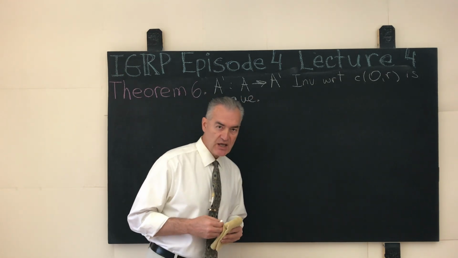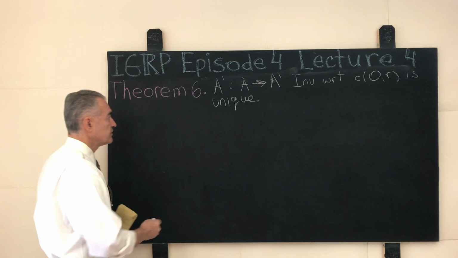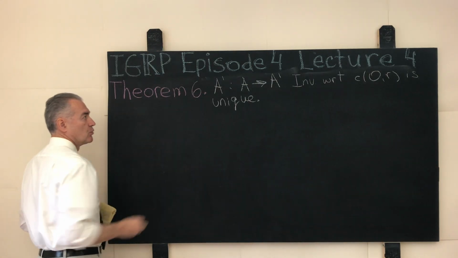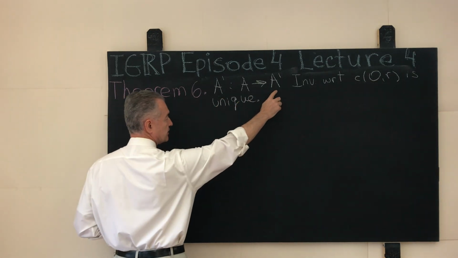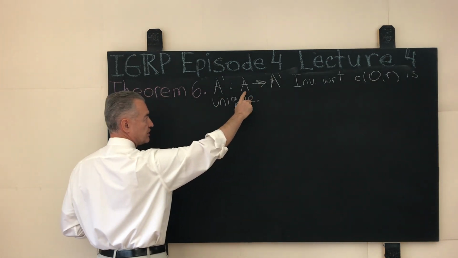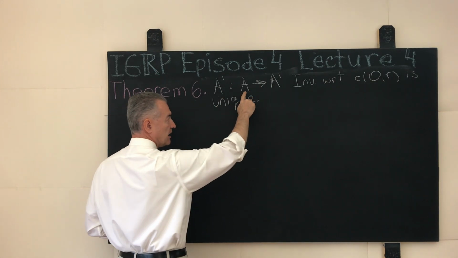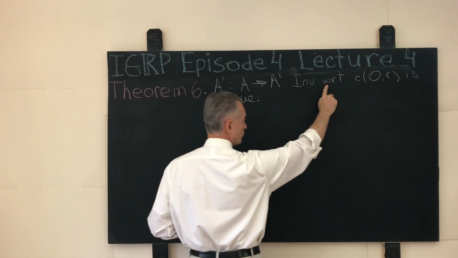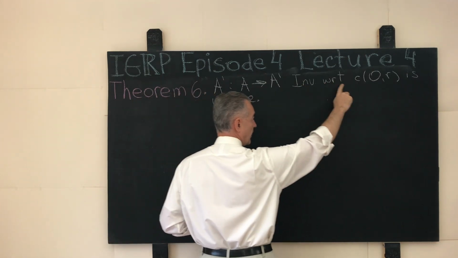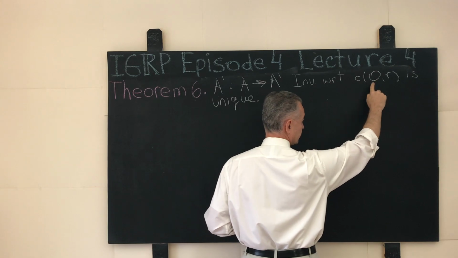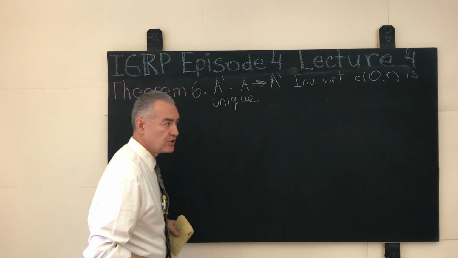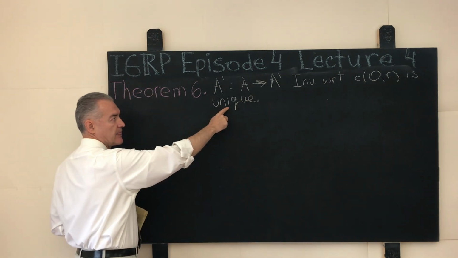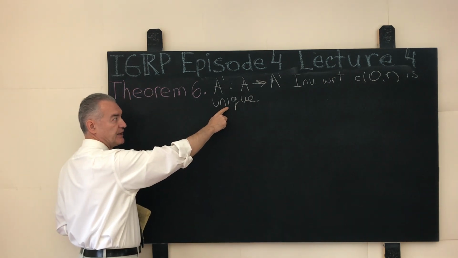That is, in theorem number 6, we claim that the point A prime, that is the image of the pre-image point A, under the inversion of the real plane with respect to a circle C that has center at the point O and radius R, is unique. That image point is unique.